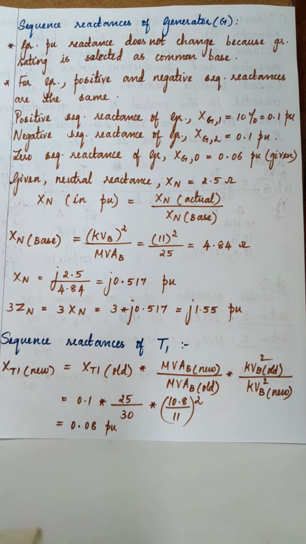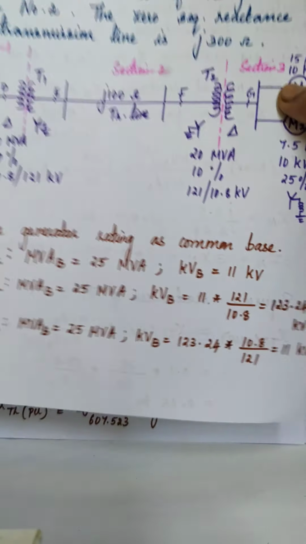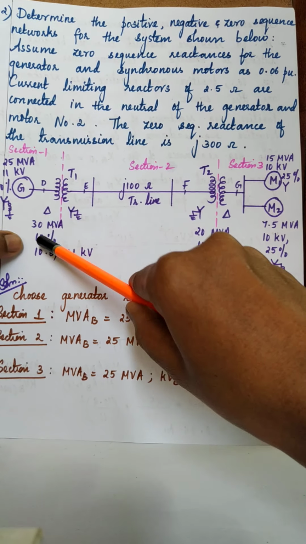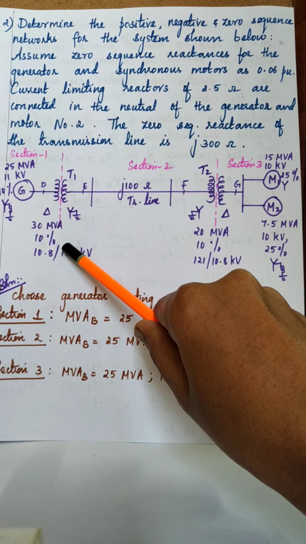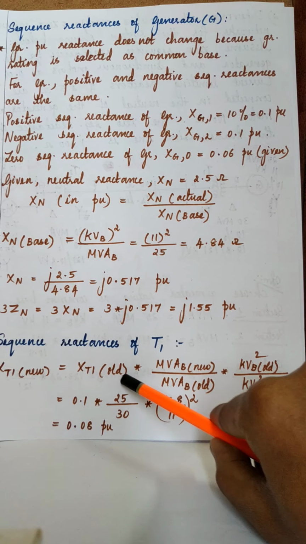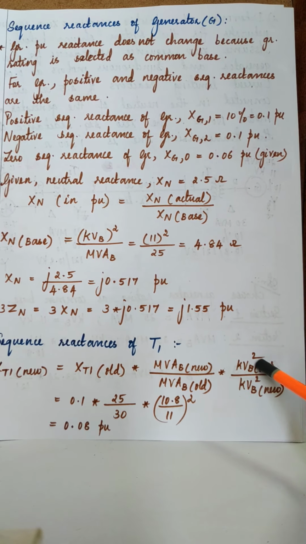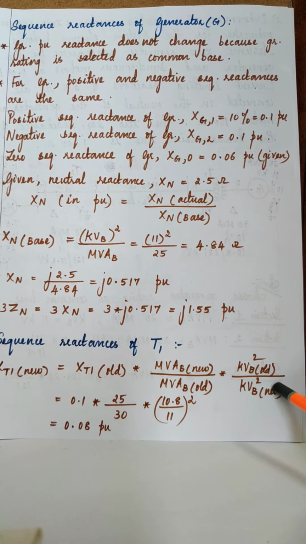So now coming to the sequence reactances of transformer 1. What is the old per unit reactance? 10%. So you have to calculate the new per unit reactance. So XT1 new is equal to XT1 old into MVAb new by MVAb old into kVb old squared by kVb new squared.